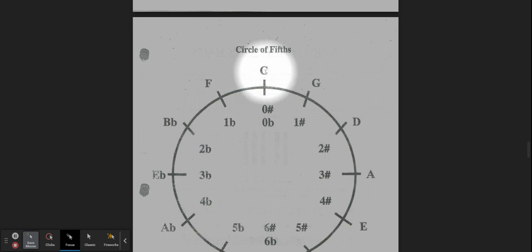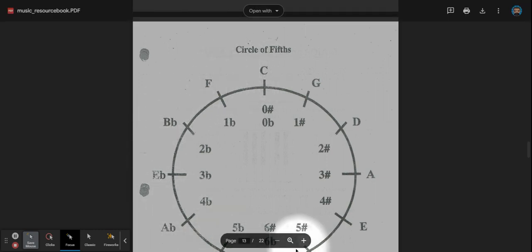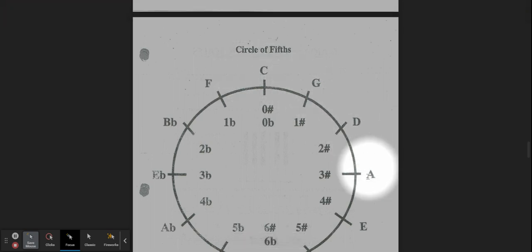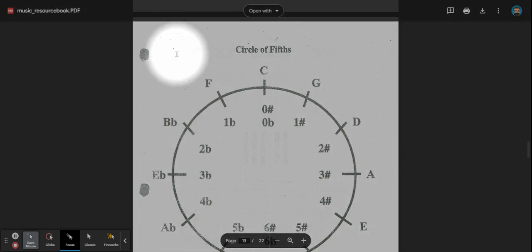So let's start on C major again. C, D, E, F. That's the fourth note of C major, and we get the next key. C, 1, 2, 3, 4 is F. And so that's why going this way is the circle of fourths, and going clockwise is the circle of fifths.